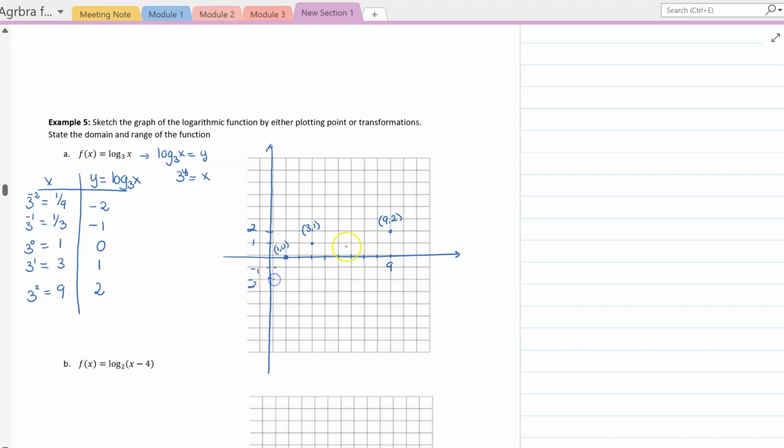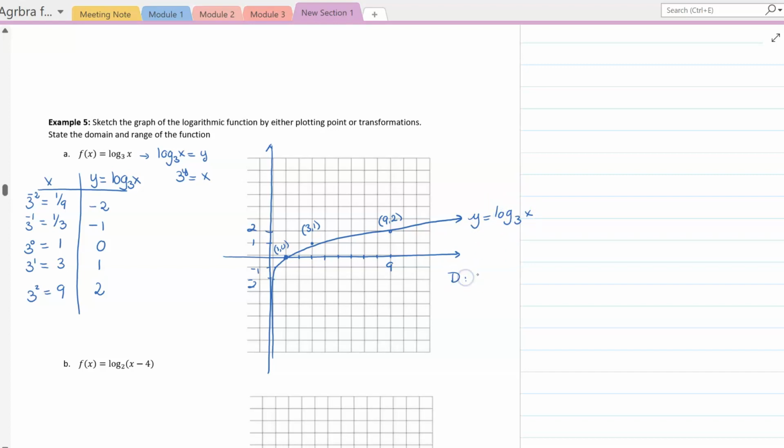So it just goes closer and closer to the y-axis. So this is the graph of y equal log base 3 of x.